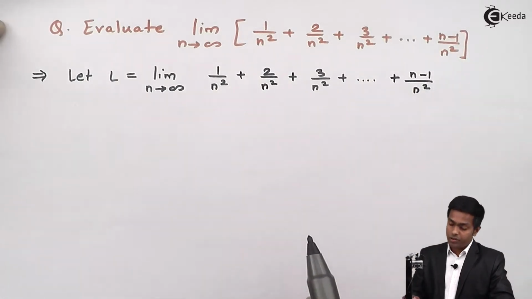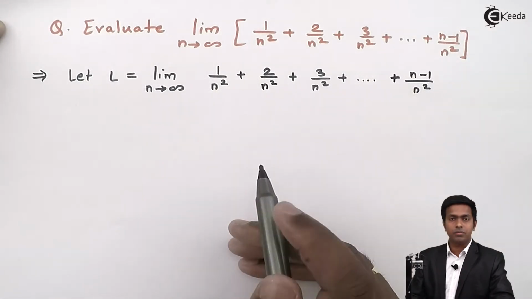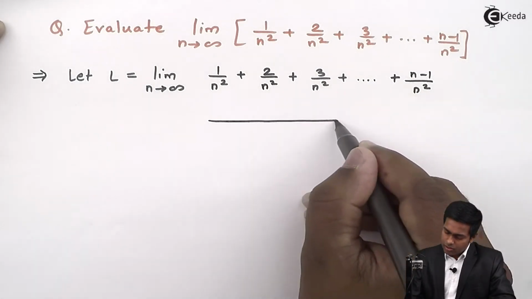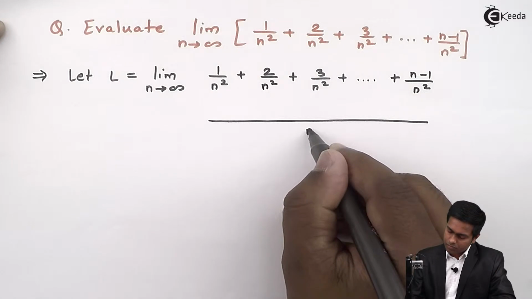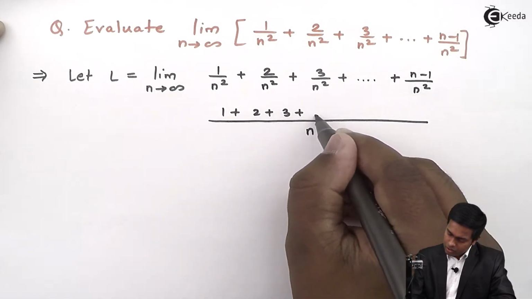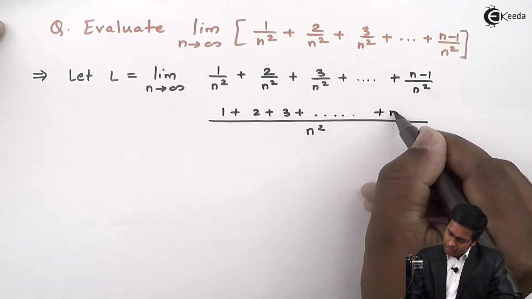The denominator of all the terms is n square, so I'll write it once, and that becomes 1 plus 2 plus 3 plus so on till n minus 1.